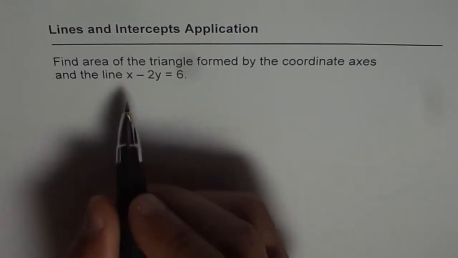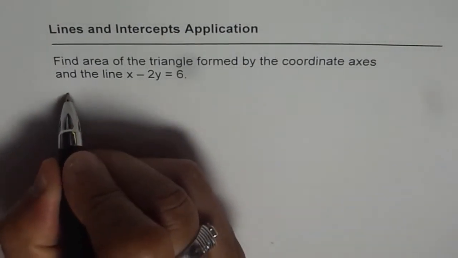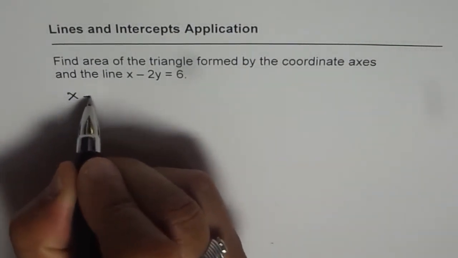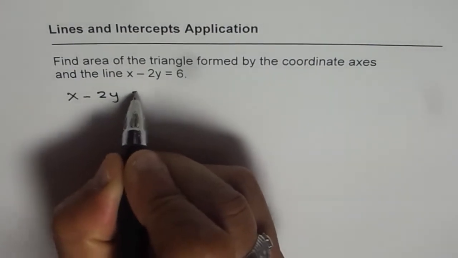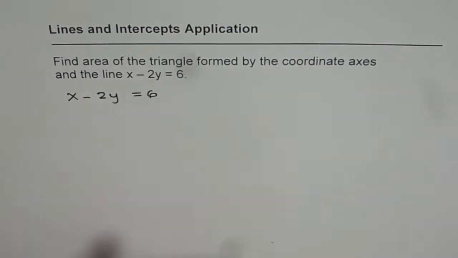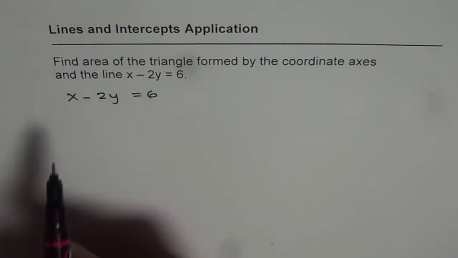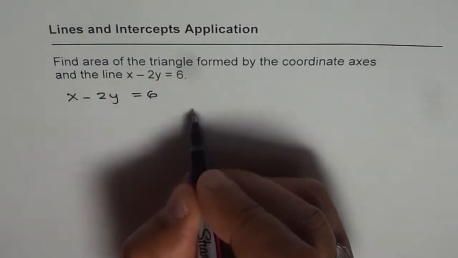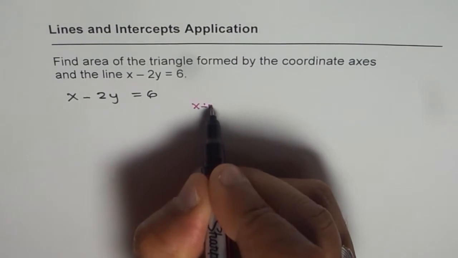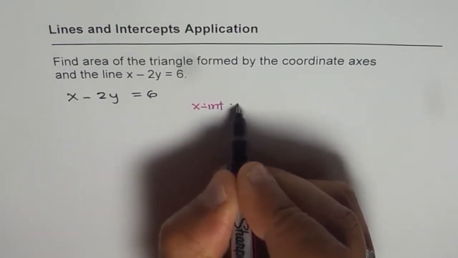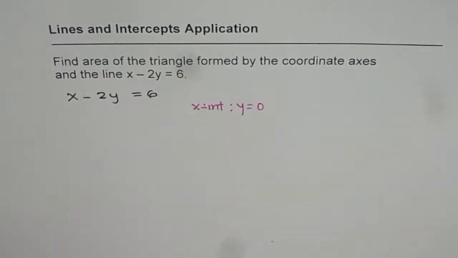Okay, so let's start with the equation of the line itself, which is given to us as x minus 2y equals 6. Now, to find the x-intercept, what should we do? We can place y equals 0, right?